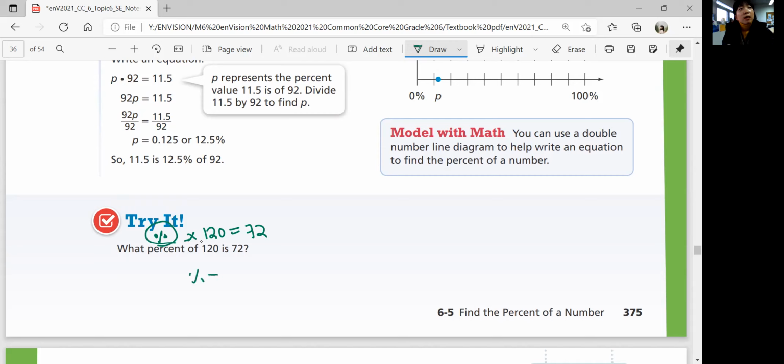So we're going to divide 72 by 120. 120 is the whole, 72 is the part. So part divided by whole is 72 divided by 120, and that's going to be 0.6. So that is in percentage, 60%. Don't forget to convert your decimal into a percentage because they want the percent, not your decimal.